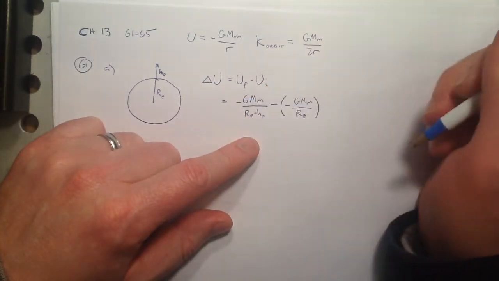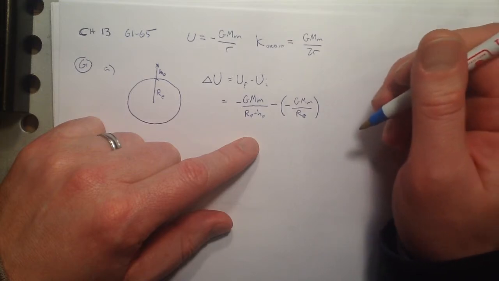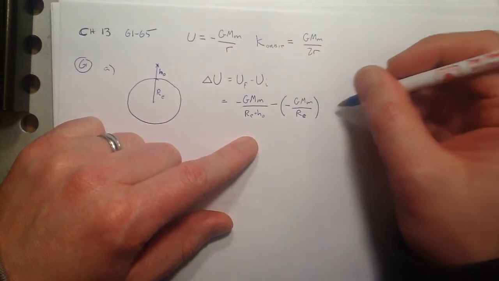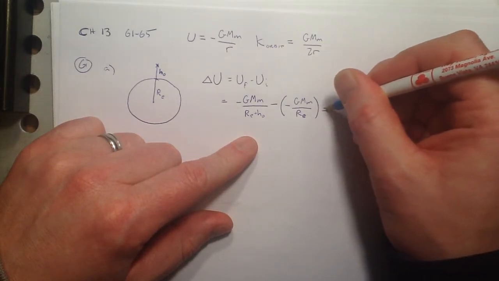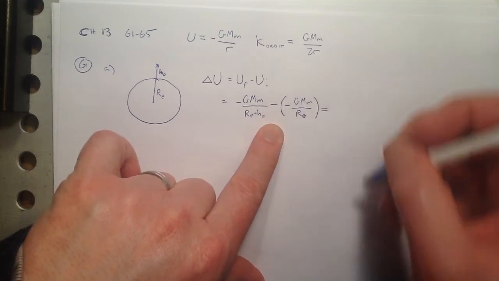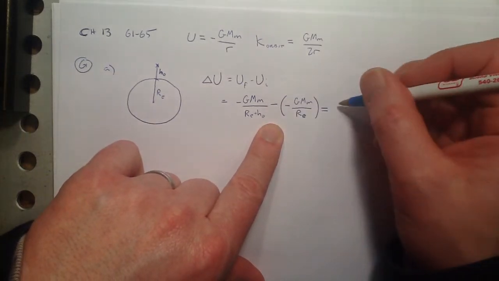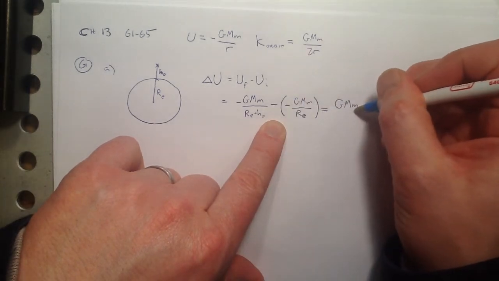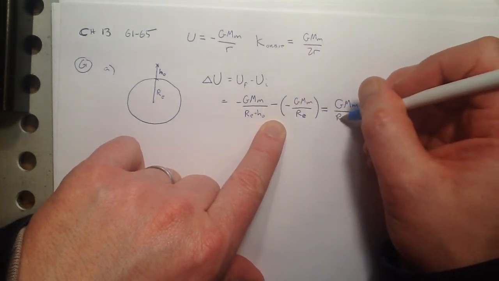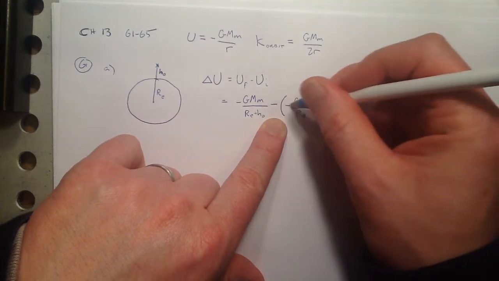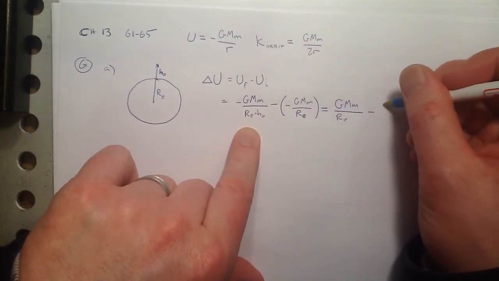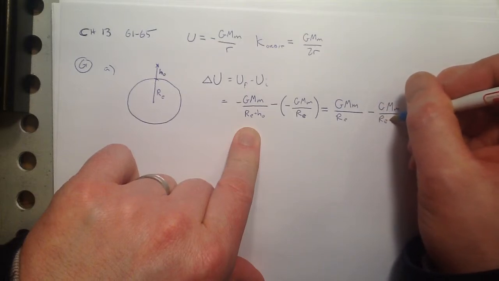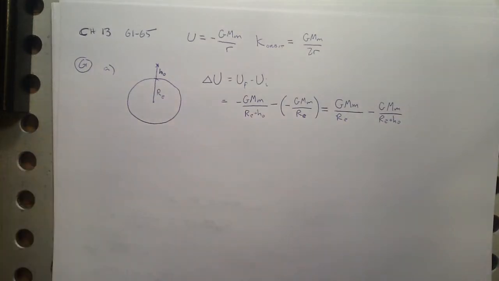Depending on how much algebra you want to do, you could get a common denominator here. Let's just try this. That's going to be positive, so I have GMm over R E, the positive term, and then minus this. I'm going to leave that like that for now.